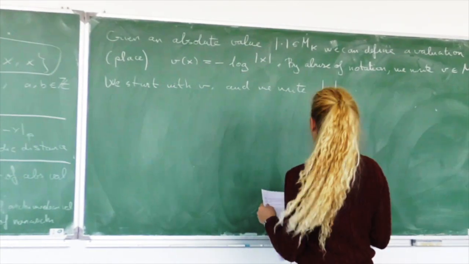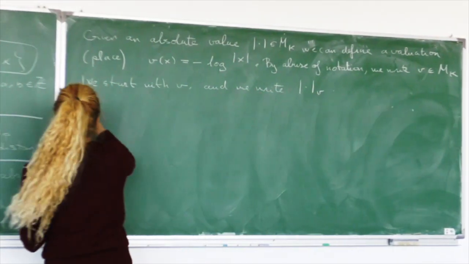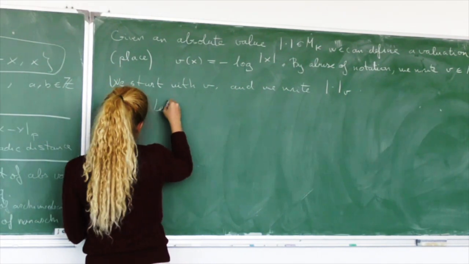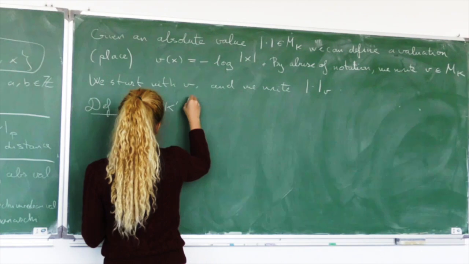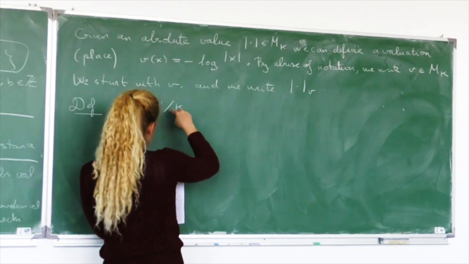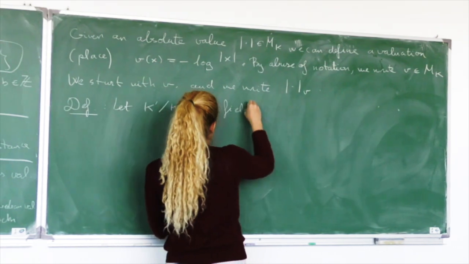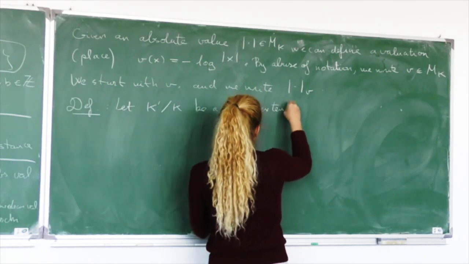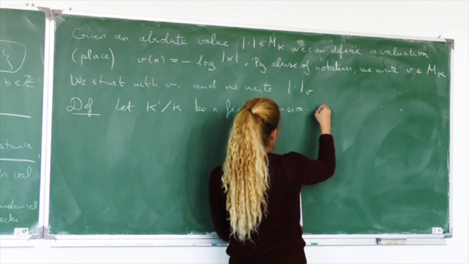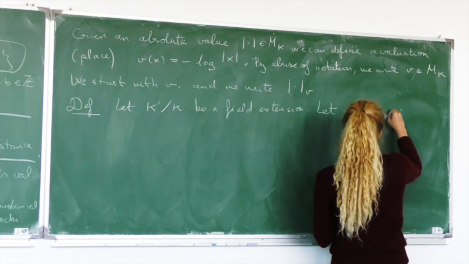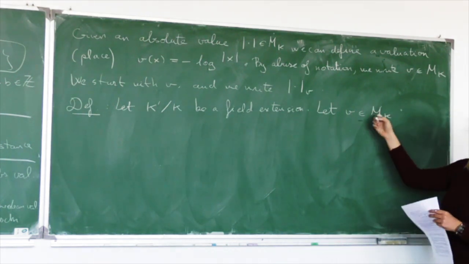Okay, so another definition now. Let's consider a field extension. Let K prime over K be a field extension. We take a valuation, see, I'm doing the abuse of notation here.